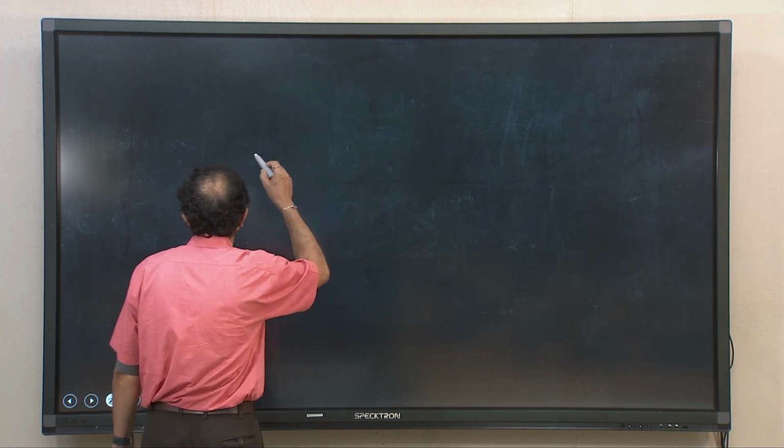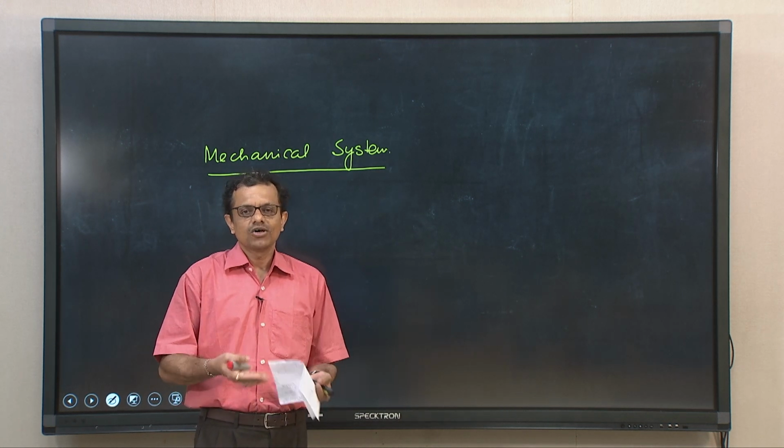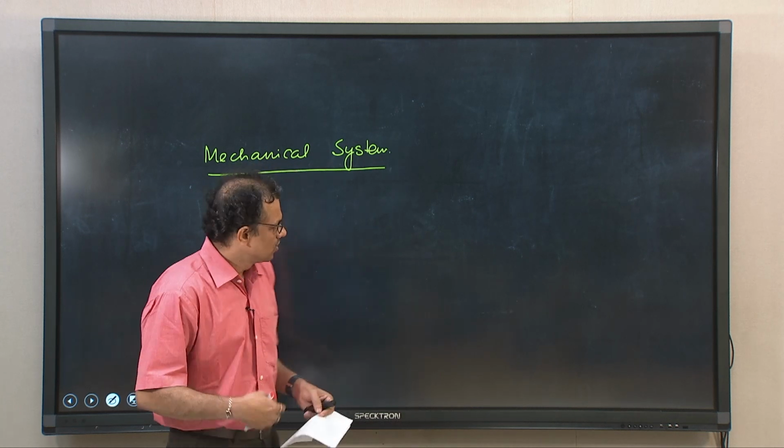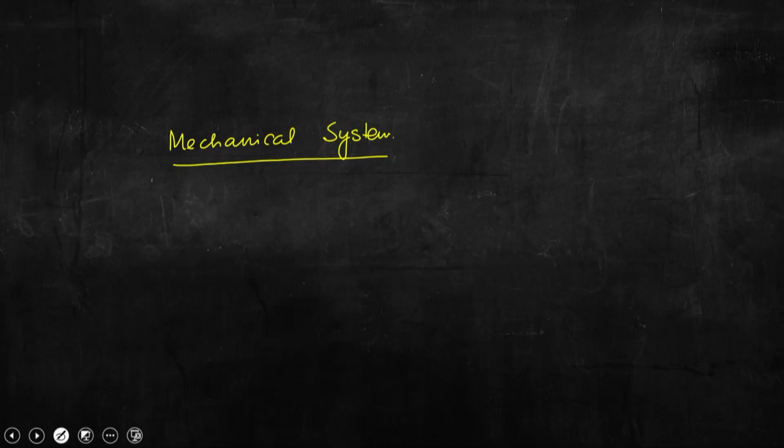If we try to write the concept of a mechanical system, like the definition of any system, we also can define a mechanical system wherein a few items will work together to give some output, maybe at the cost of some energy exchange. So, what is the definition?